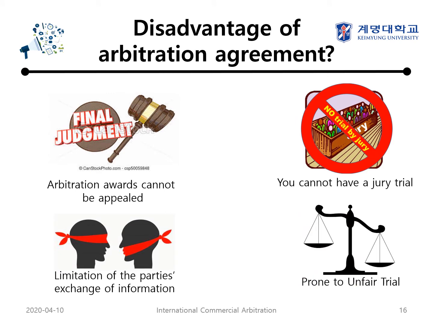On the other hand, an arbitration agreement has disadvantages for both parties. First, arbitration awards cannot be appealed. The general and practical rule is that arbitration's final decision cannot be appealed because normally decisions are agreed or consented to by both parties with careful discussion.